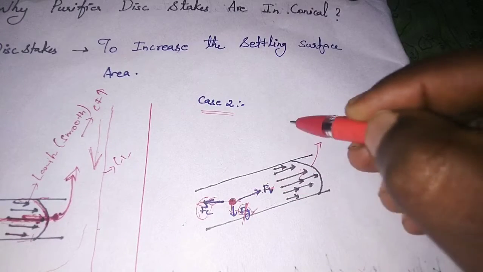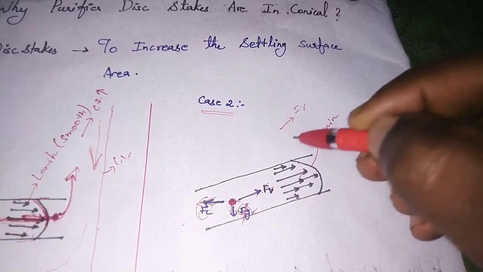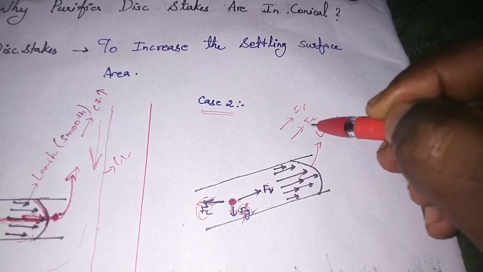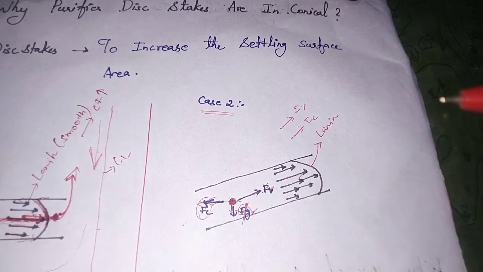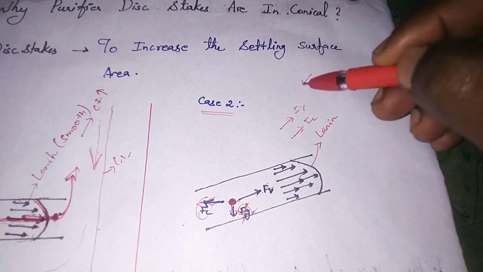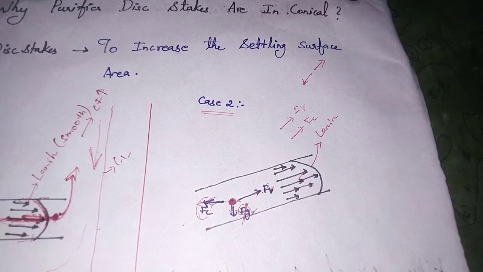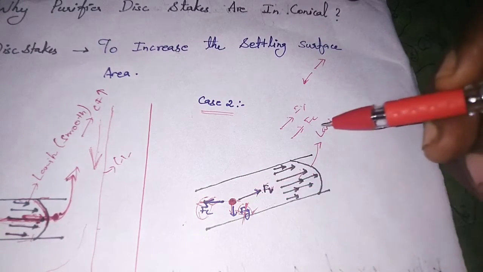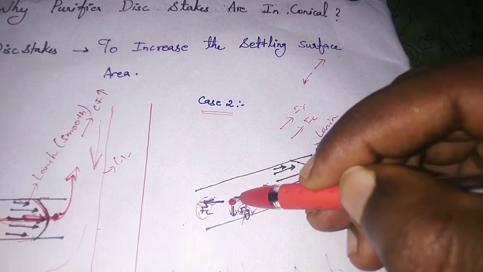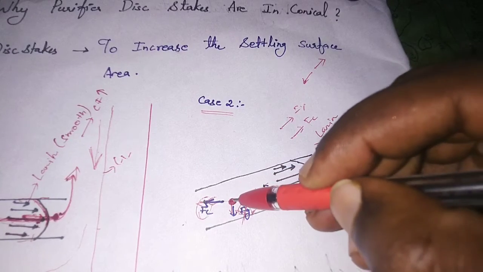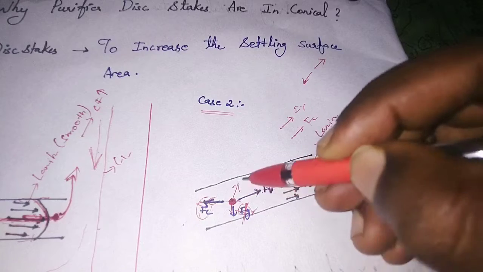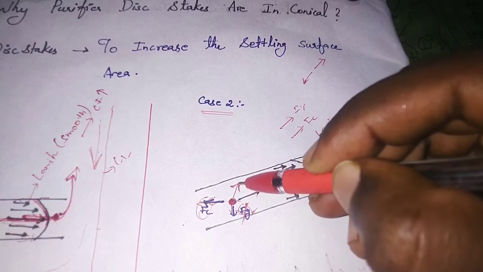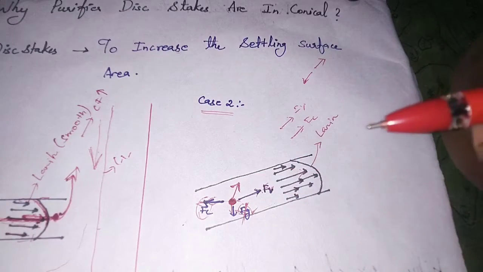Here you can see two vectors, one vector is Fp and another vector is Fc. These two vectors are in different positions. In case 1 the two forces are in opposite directions. Here the two forces are in different directions, so a resultant force is created in this direction.